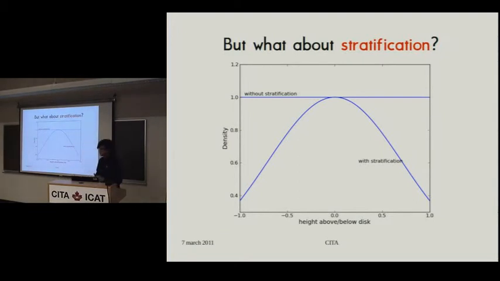So there were local simulations of a part of an accretion disk that neglected the vertical structure of that disk, so there's no gravity stratifying the atmosphere of the disk. This is a cartoon, it's fairly obvious. If you don't stratify, you have a constant density above and below the disk. With stratification, the gravity in an accretion disk is such that you have a Gaussian profile of density with height.